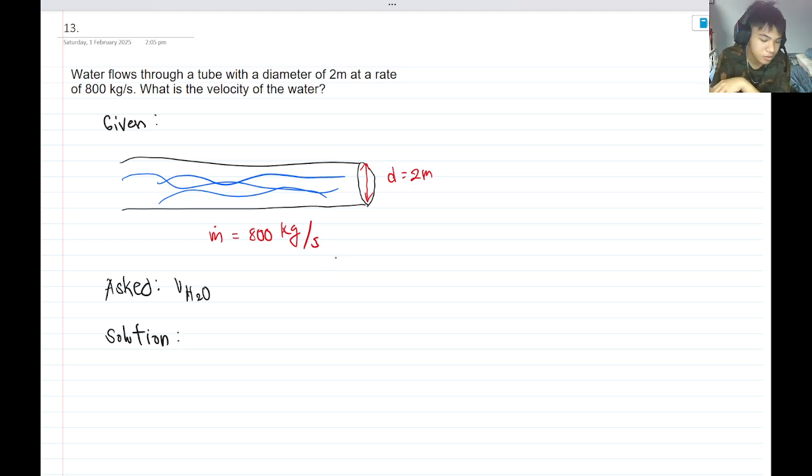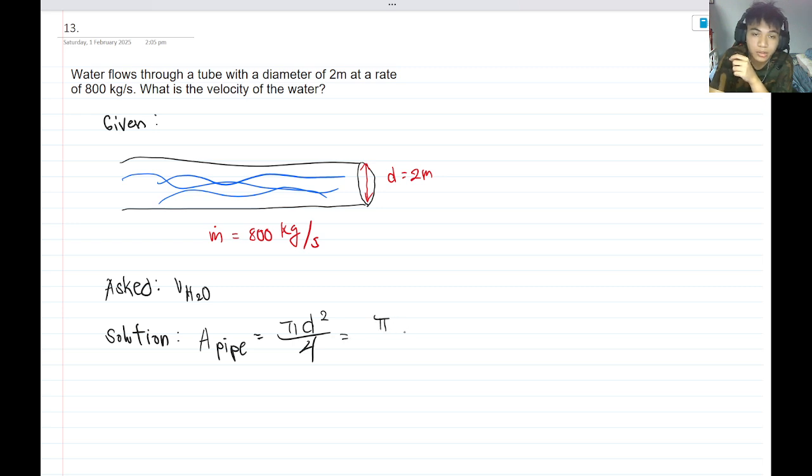Wouldn't that be nice? Okay? So, the area of the pipe will be pi r squared or pi d squared over 4.